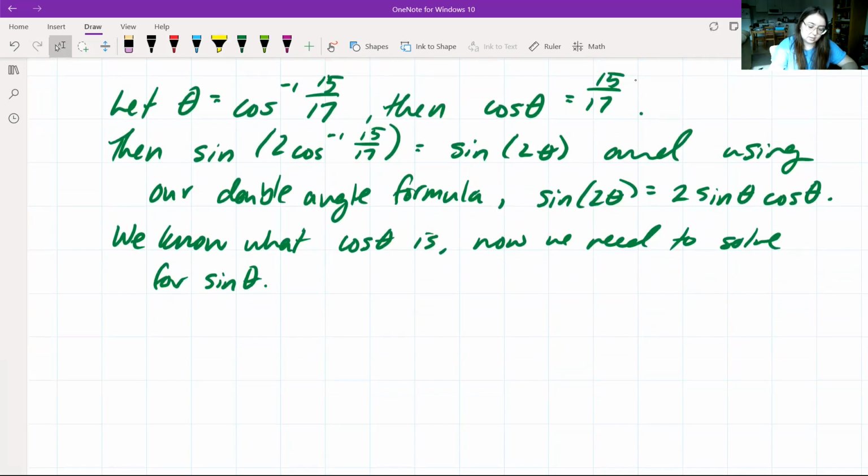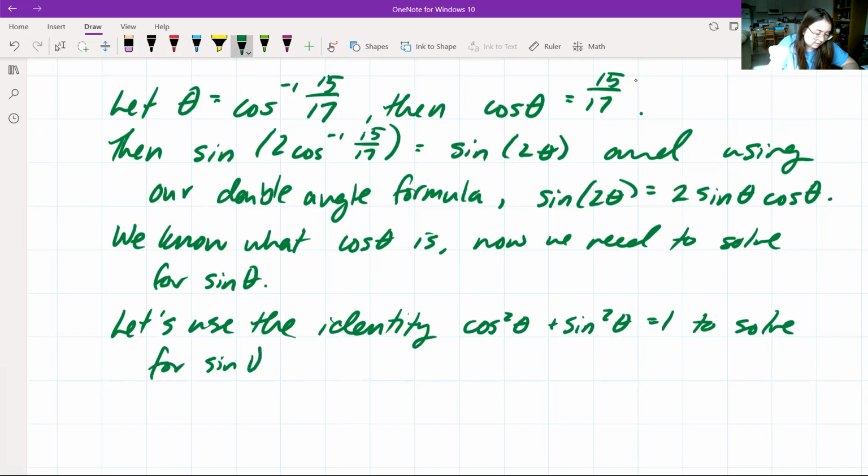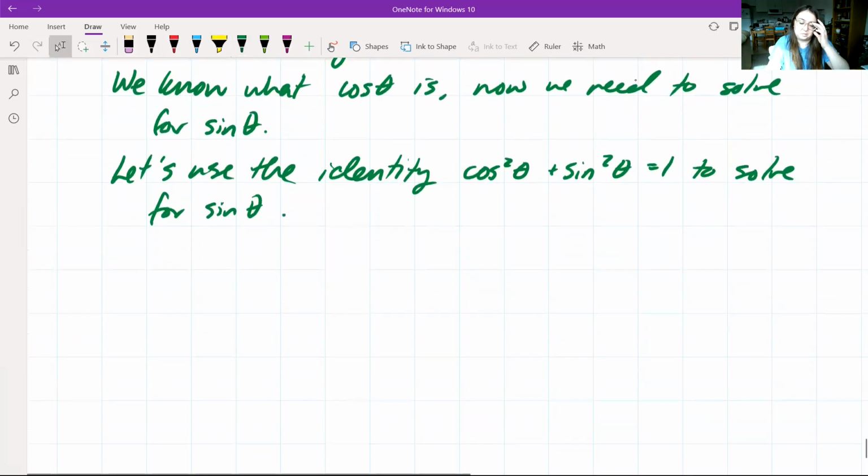Solving for sine of theta, let's go ahead and use our identity that we know. Let's use the identity cosine squared theta plus sine squared theta is equal to 1 to solve for sine of theta.